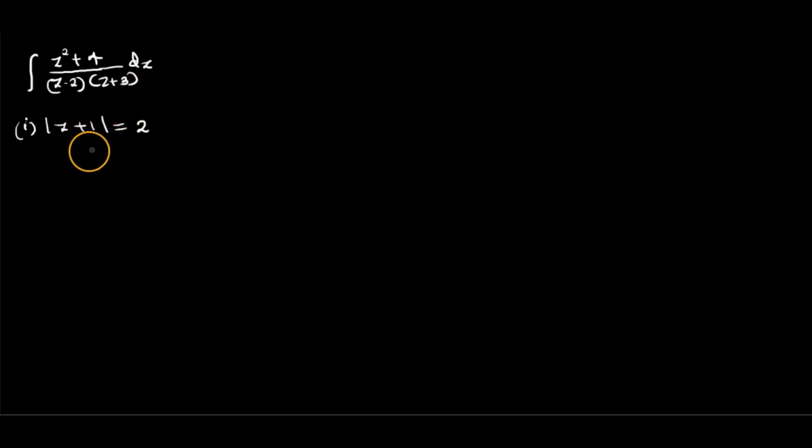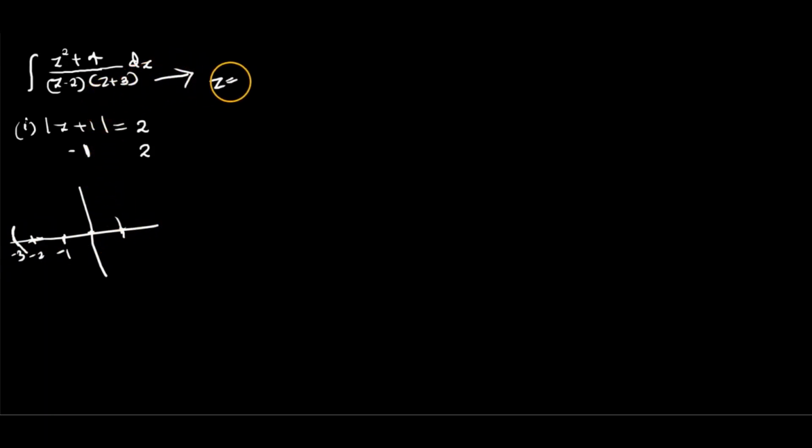Mod z plus 1 equal to 2 means center minus 1 and radius 2. So 0 and 1 are included, then minus 2 and minus 3 are also in this region. The singularities of this function are z equal to 2 and minus 3.